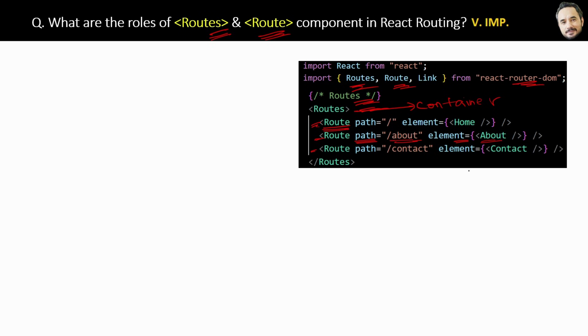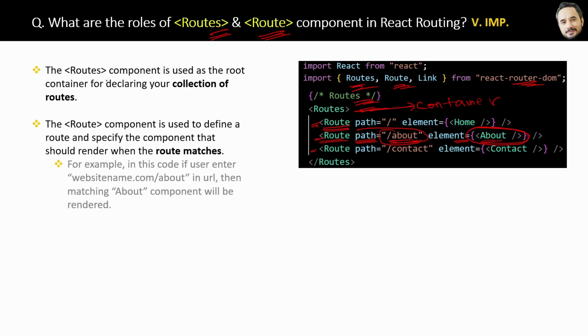For example, in this code, if the user enters websitename.com/about in the URL, then the About component or element will be rendered in the UI or browser or DOM. So that is the job of the Route component. I hope now it's 100% clear to you. And whatever I have explained, the same thing is written here if someone is interested in doing a quick revision from the book later.